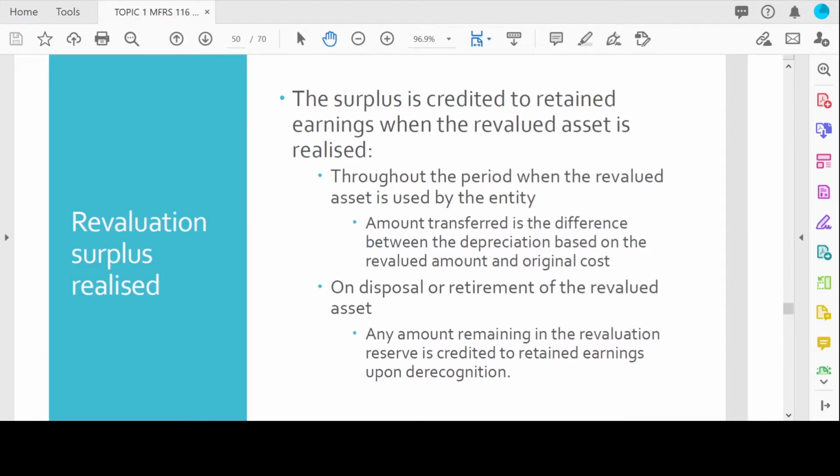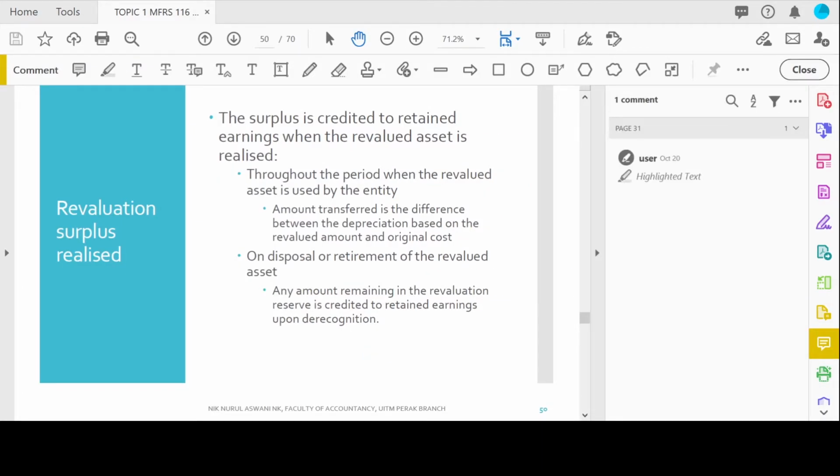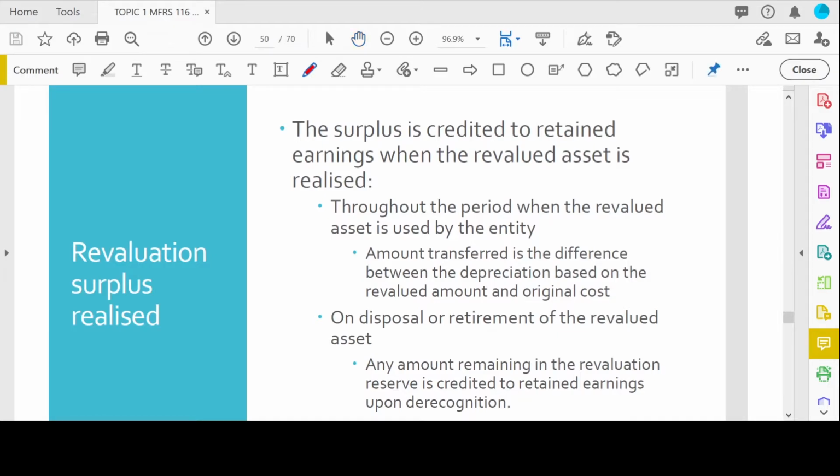For the first situation, how do we transfer from asset revaluation reserve to the retained earnings, and how much is to be transferred? How to transfer is where you prepare the journal entry. The treatment would be to reduce ARR and to increase retained earnings.